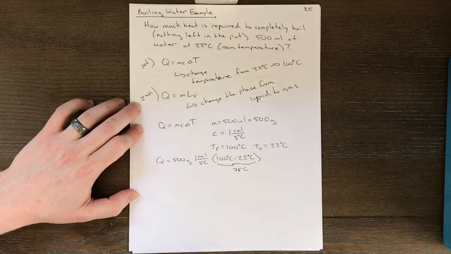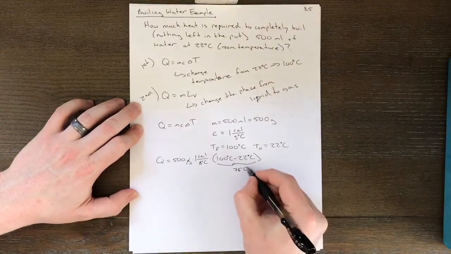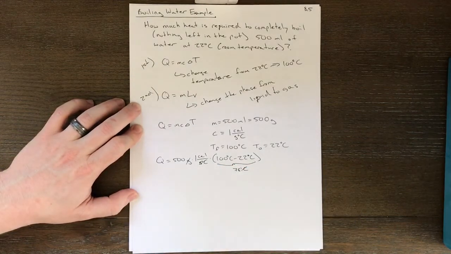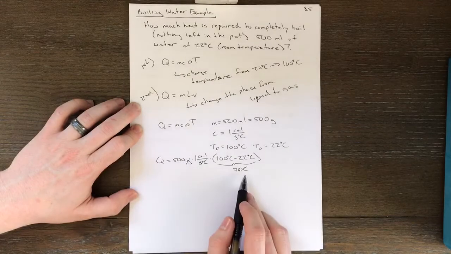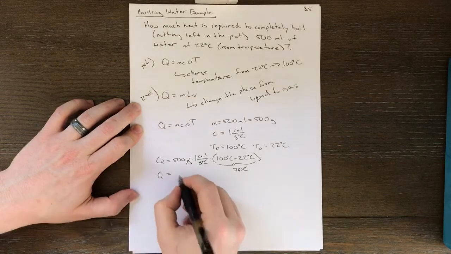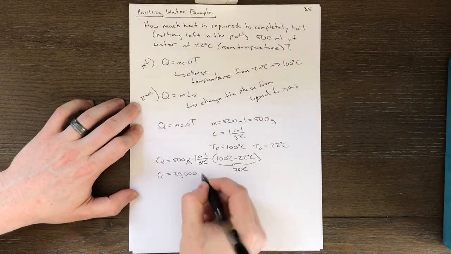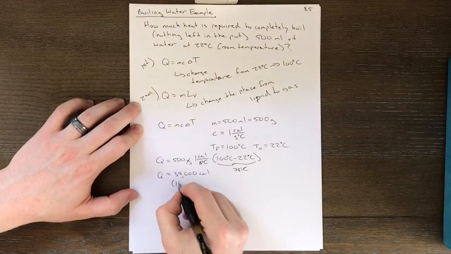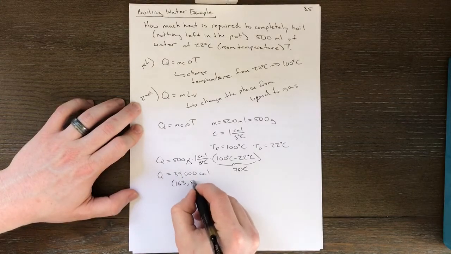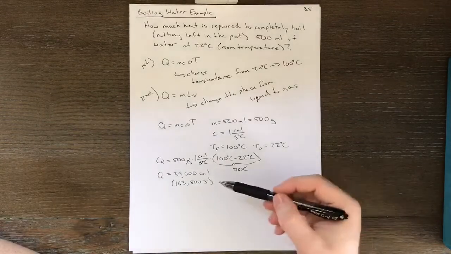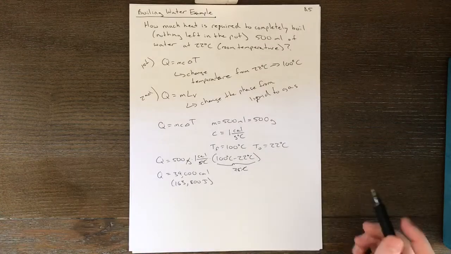And if we multiply all these things together, we see grams canceling with grams. We see degrees Celsius canceling with degrees Celsius. And we get 500 times 1 times 78. We get 39,000 calories. And we can convert that to joules by multiplying by 4.186. 163,800 joules of energy. Now that's just the energy to raise the temperature to 100 degrees.